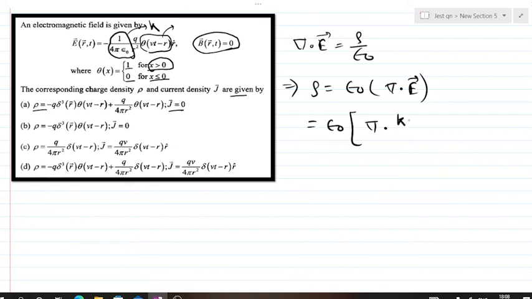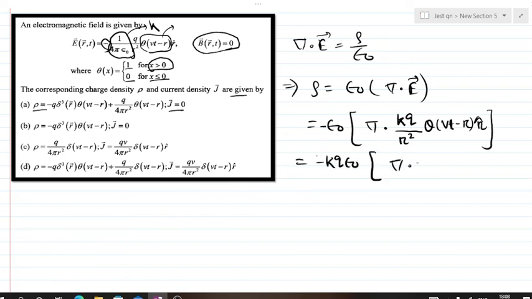Okay, k, q, and the minus sign is also there, minus divided by r squared, theta (vt minus r) and r cap. Here k and q are constant and there is no dependency of t and r, so take common, minus k q epsilon naught, and the divergence of r cap by r squared theta (vt minus r).